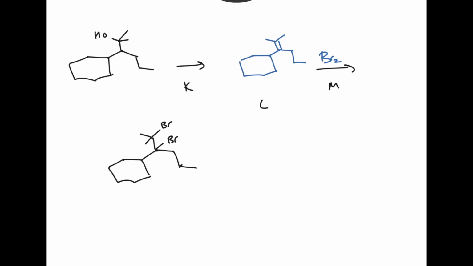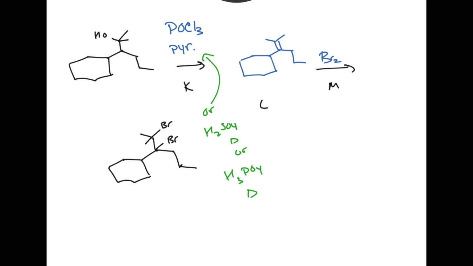And how can I turn my alcohol into a double bond? POCl3 and pyridine, or you could use sulfuric acid and heat, or phosphoric acid and heat.